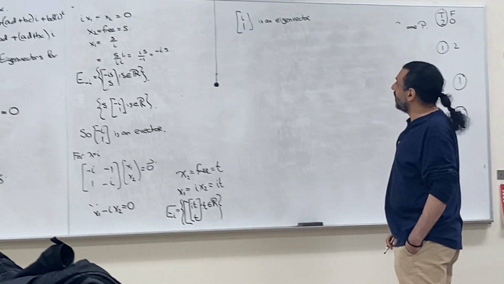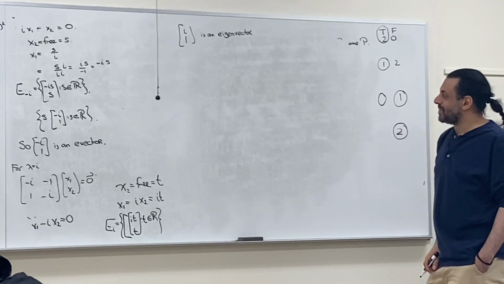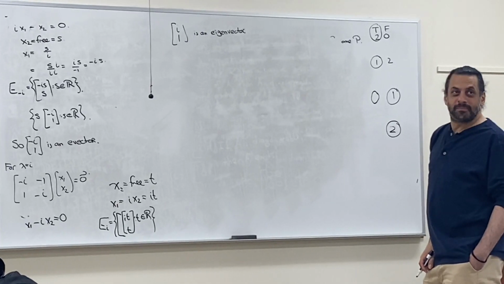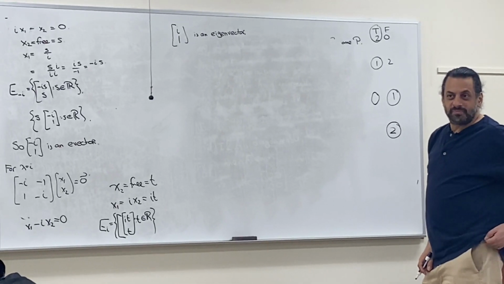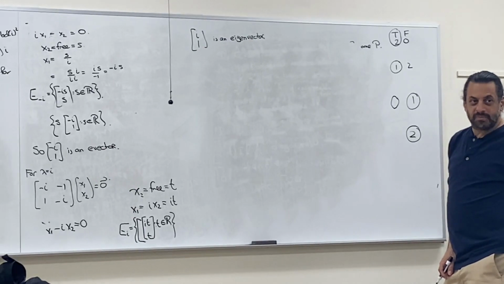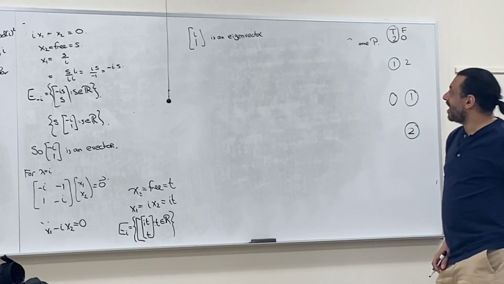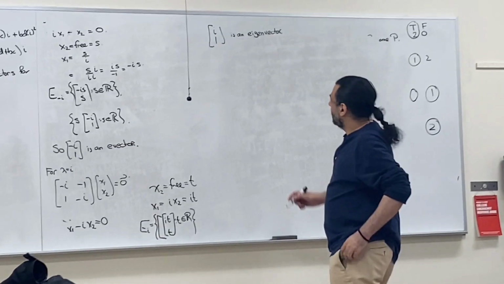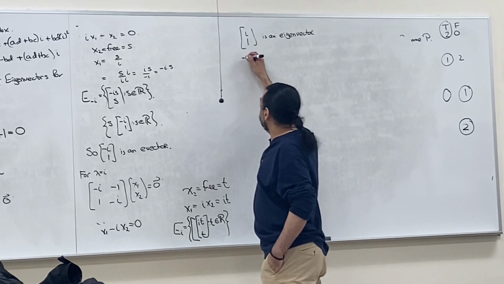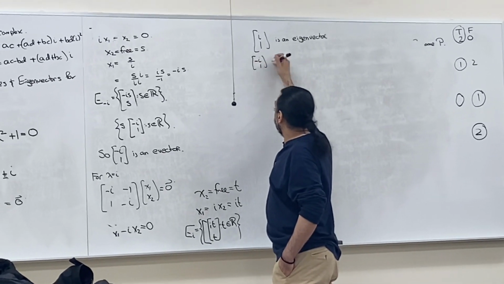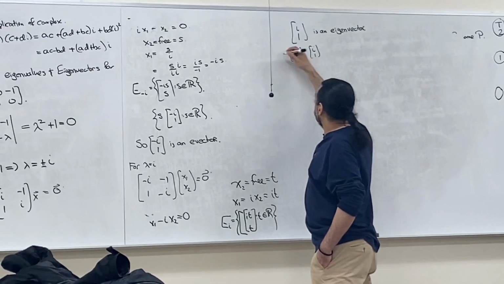So there I have my two eigenvectors. Are those two vectors independent? Yes. Why? They're not multiples of each other.